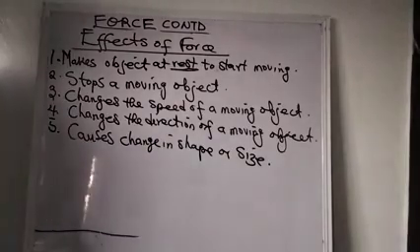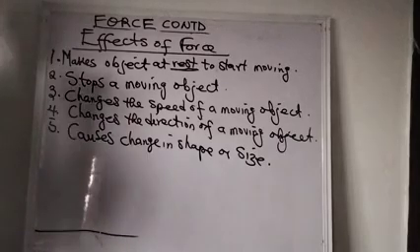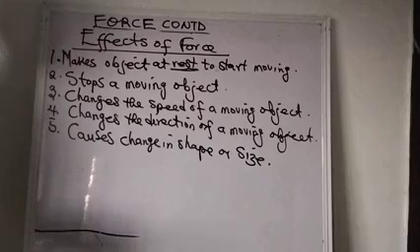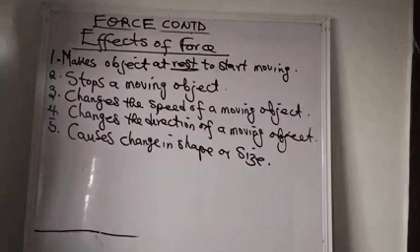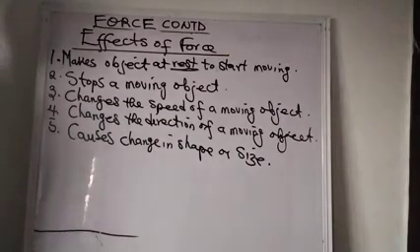Number 2, force stops a moving object. Think about this example. Have you been passing on the road, on the street, in your compound? You see children playing football. Probably they didn't see you on time. One just kicked the ball to the opponent, and now you are in between two of them.